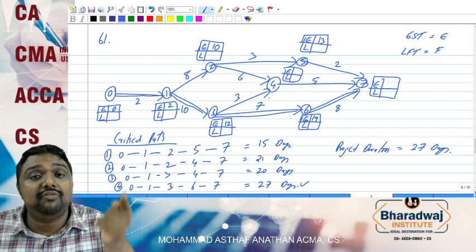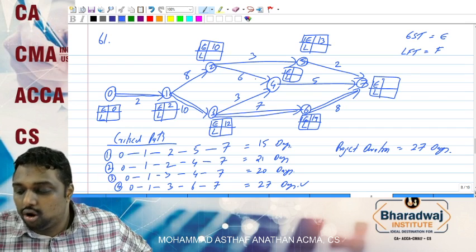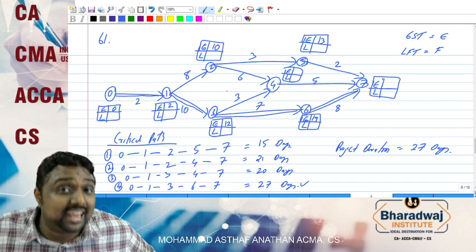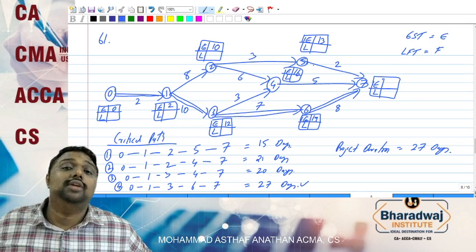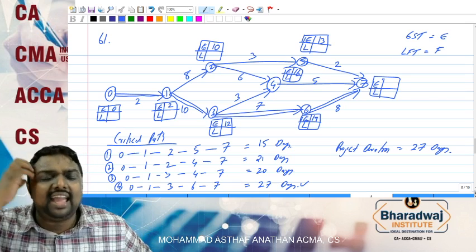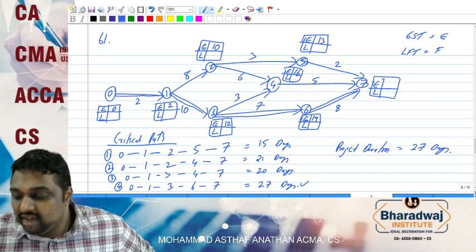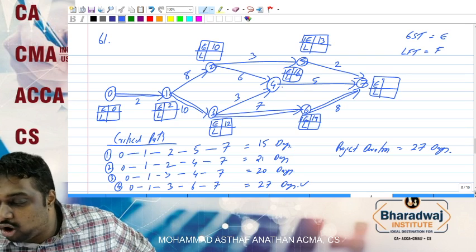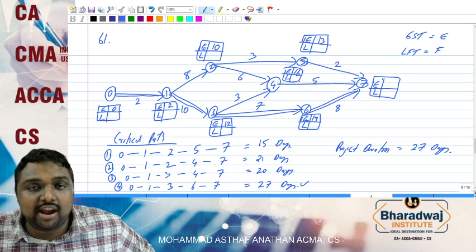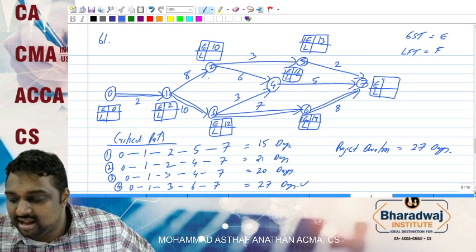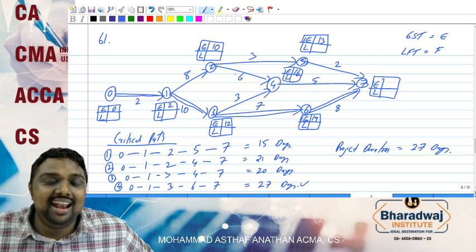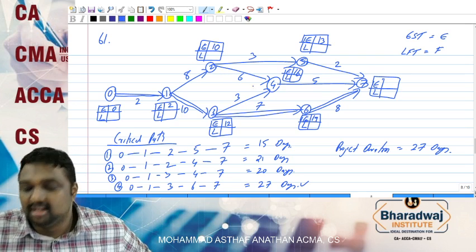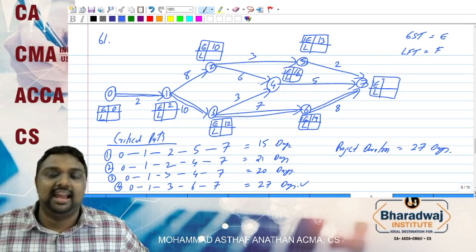Between 15 and 16, the highest is 16. Why do we take the highest? Because even if we finish in 15, we cannot start 4 to 7 unless 2 to 4 is completed. That is the reason we take the highest.